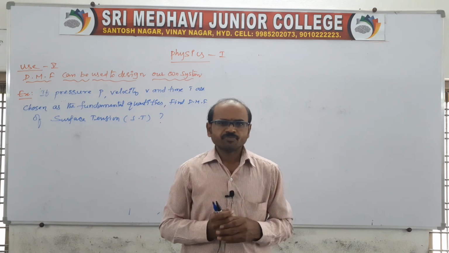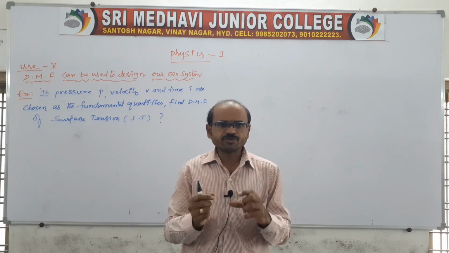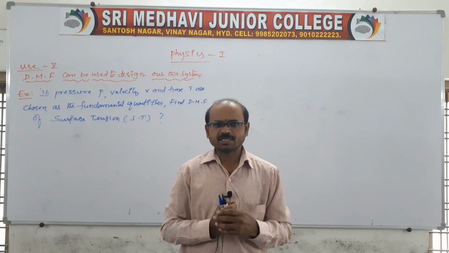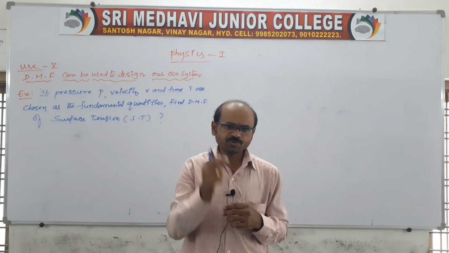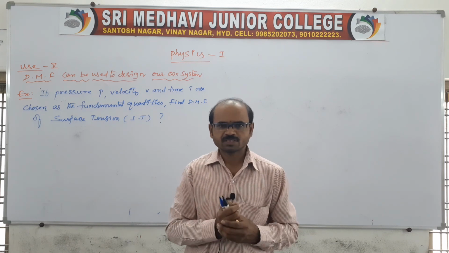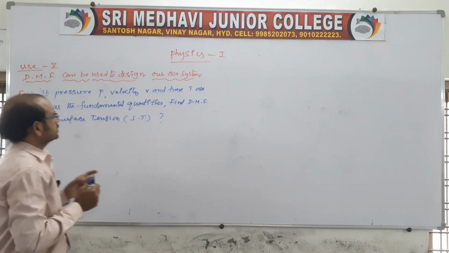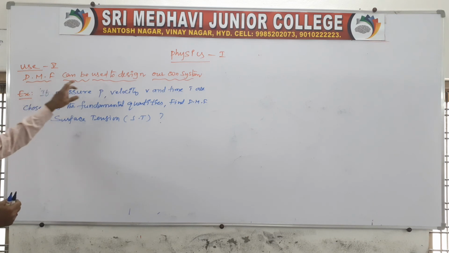Apart from these 7, in the question they will give you fundamentals to use. Based on that, the given fundamentals we have to use and derive. That's what the use says: DMF can be used to design our own system.